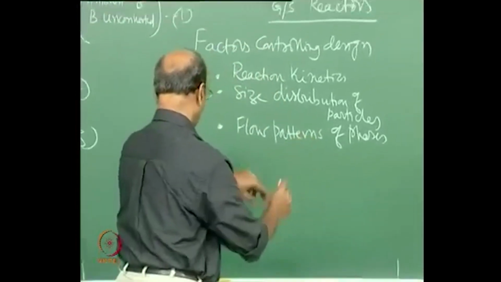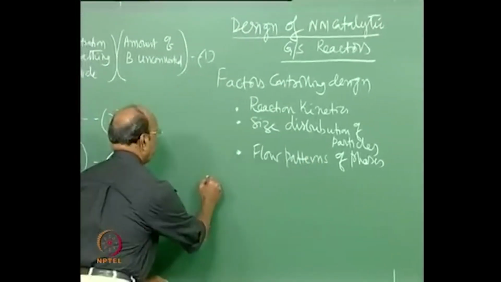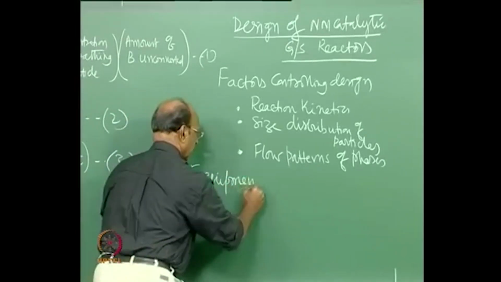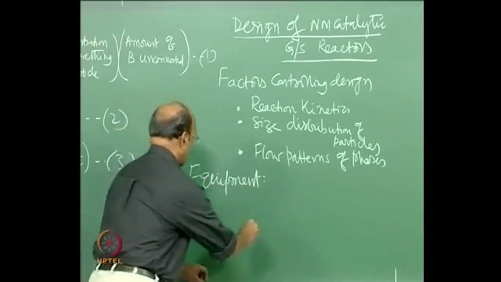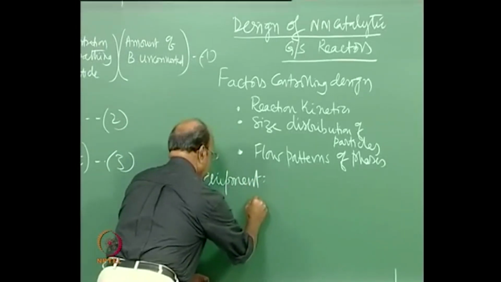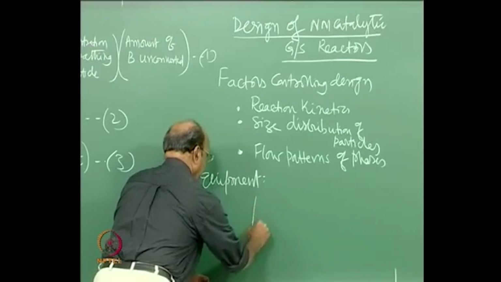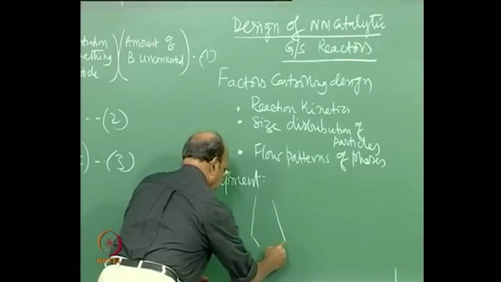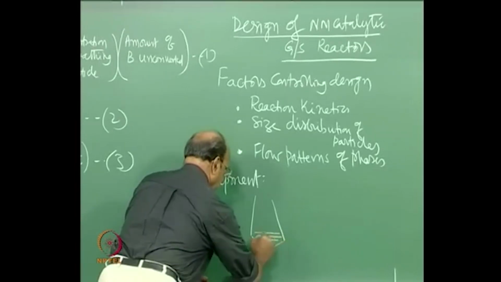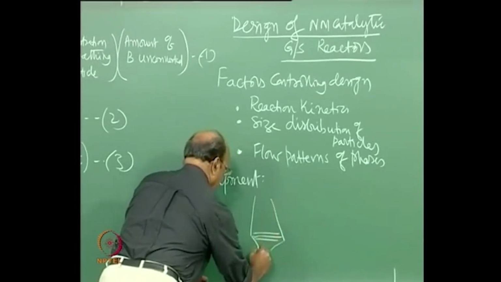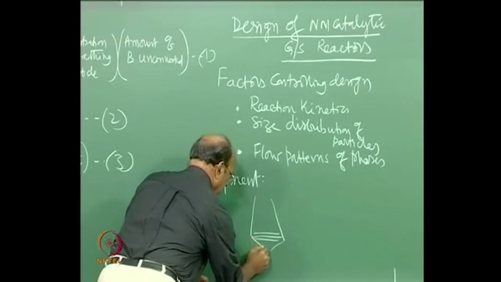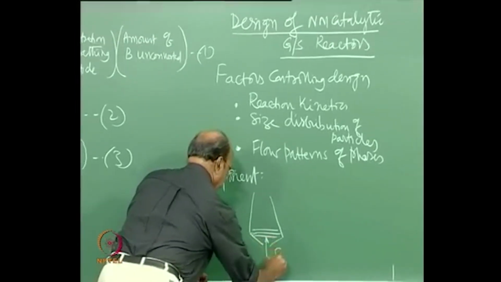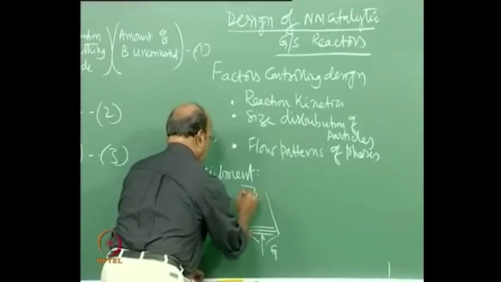So that is why we have the equipment. For example, a blast furnace. Here we have the gas and here we have the solid.